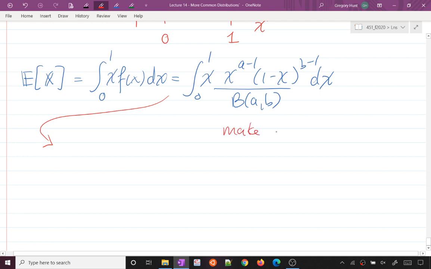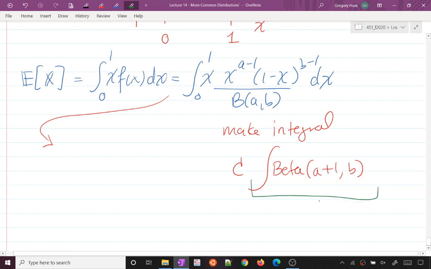Okay, so what I want to do is make it some constant times the integral of a beta, and instead of (a, b), it's going to be (a+1, b). And then of course I'll say, aha, I'm integrating a beta PDF, the integral is going to be 1, and my constant up front will be my expected value.